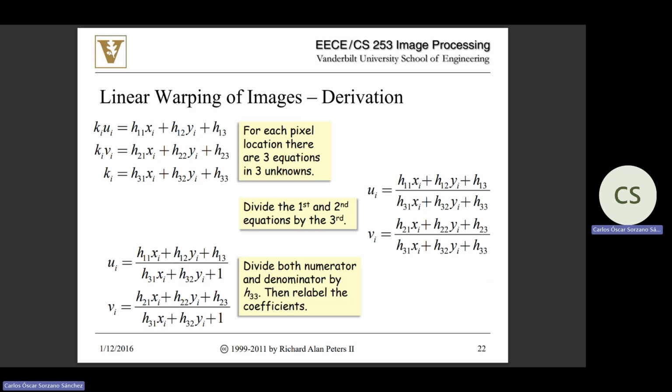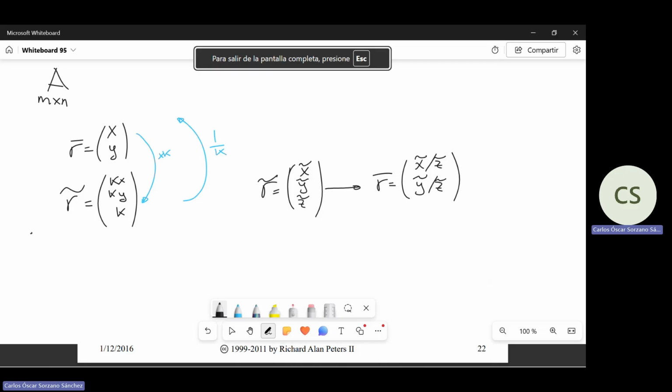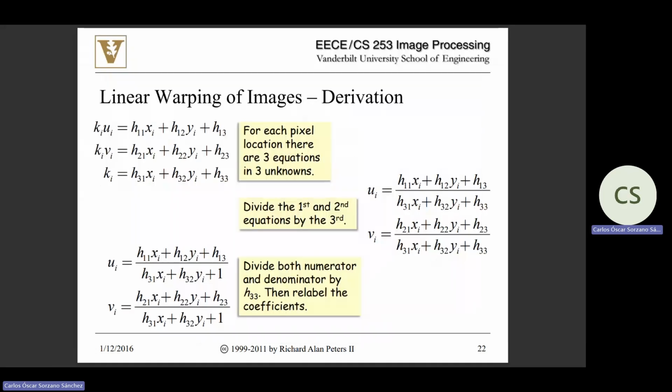And this matrix H, because of this ambiguity that for any given 2D point there are infinitely many homogeneous coordinates, means that you have to fix something if you want to solve that equation system. So we will force H33 to be 1.